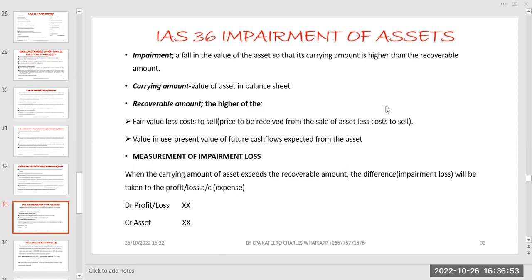I said earlier that the only thing we take to OCI, the statement of other comprehensive income, are the revaluations. Those revaluations are actually not realized, but this one is realized because we are comparing with the market value. That's basically what you can pick from the market currently. That's why the differences are going to be taken to the profit and loss account.